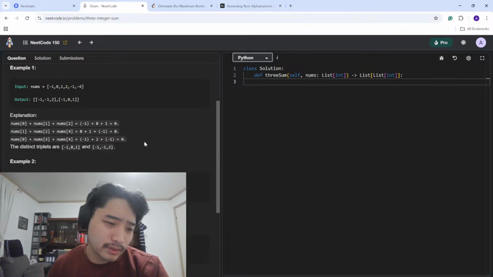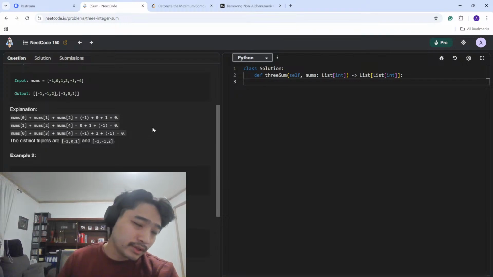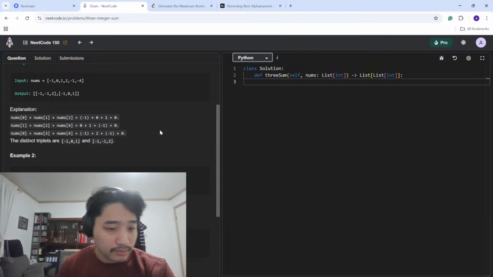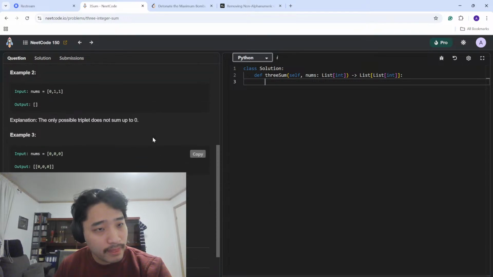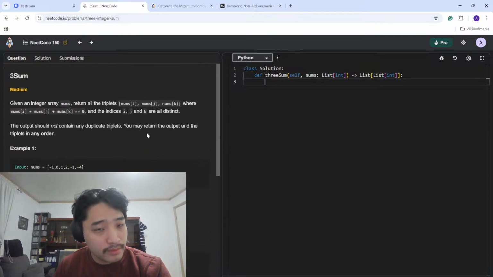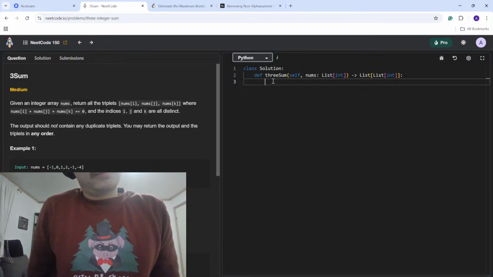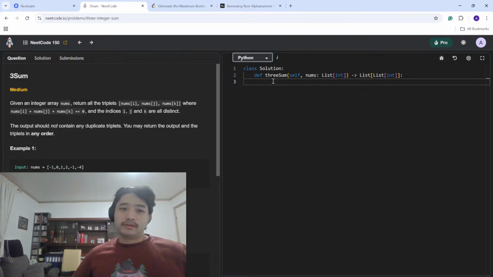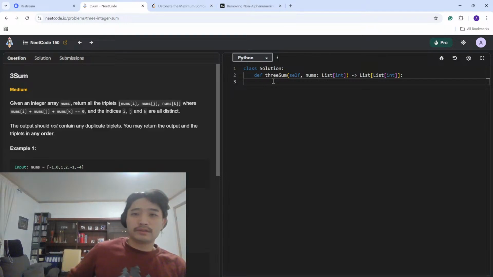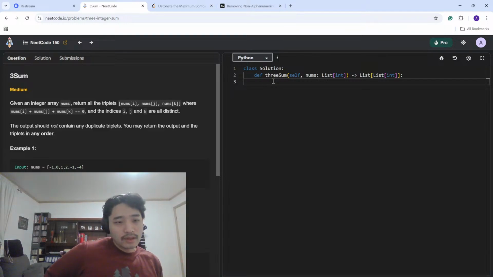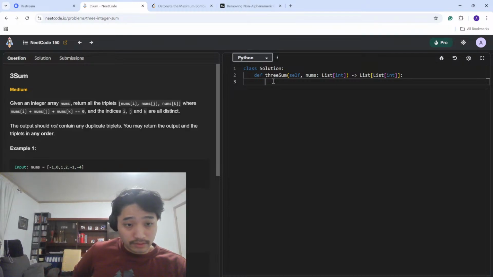I'm trying to figure out how I would do this optimally. It is not in any specific order, so I might want to sort it.